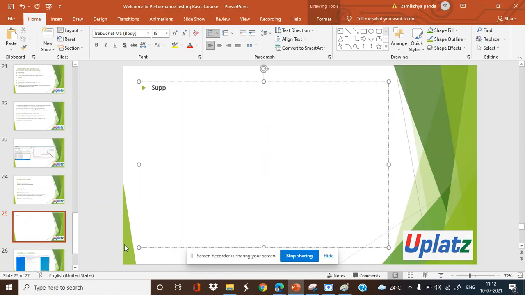Suppose most of the applications fail in a stress test.